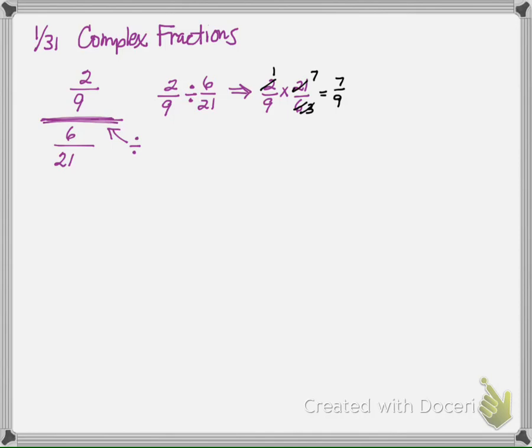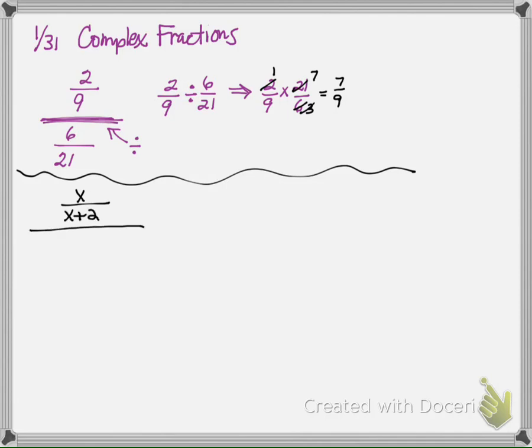So here's what they might look like. I'm going to leave that up there so you can see the similarity. Maybe we have x over x plus 2. That's our numerator. Our denominator is 1 over x plus 2 over x.